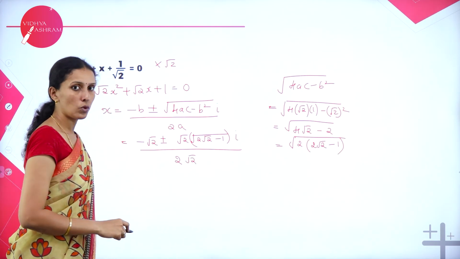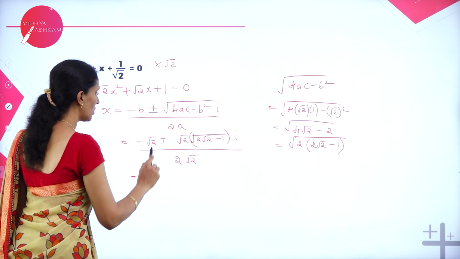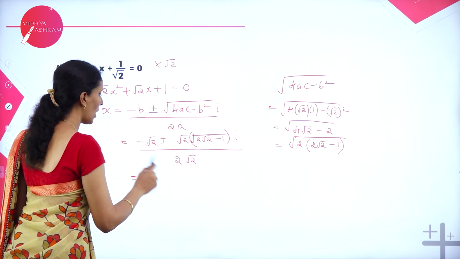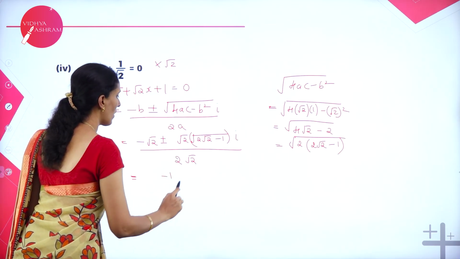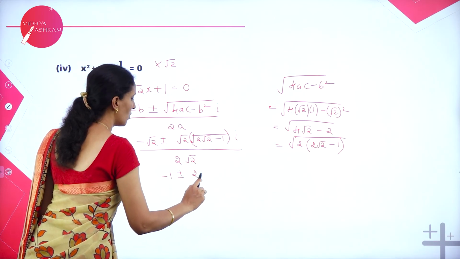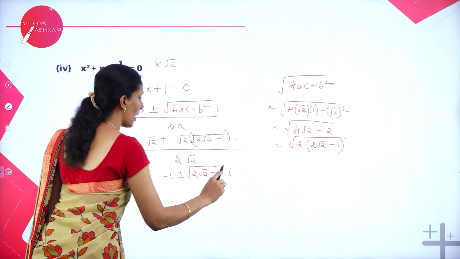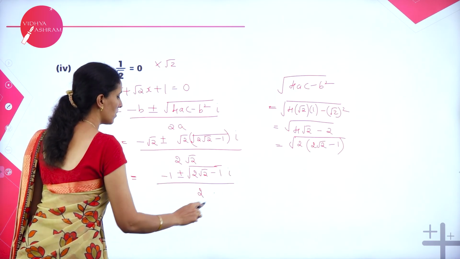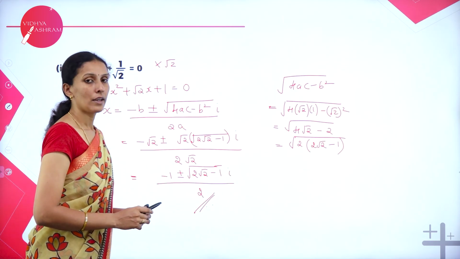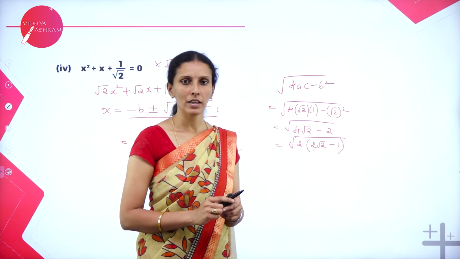You can take root 2 as a common factor in both numerator and denominator. So if you take it outside, then it is minus 1 plus or minus the square root of 2 root 2 minus 1 into i, whole divided by 2. So this is the solution of the given complex quadratic equation.